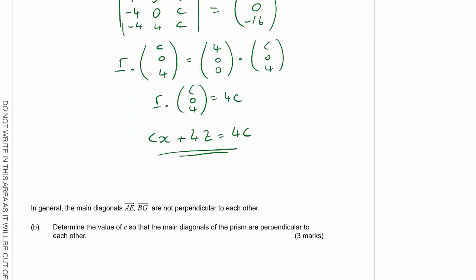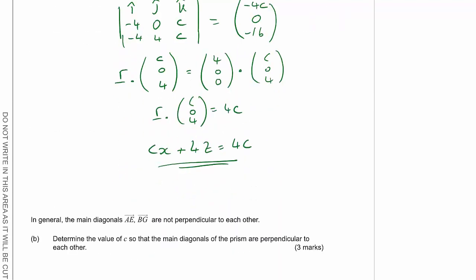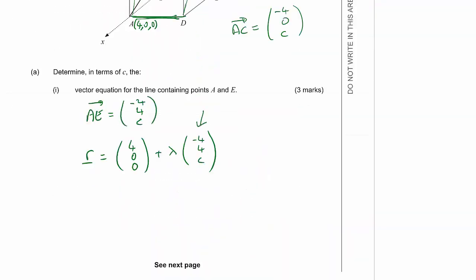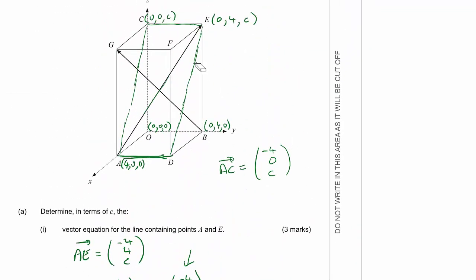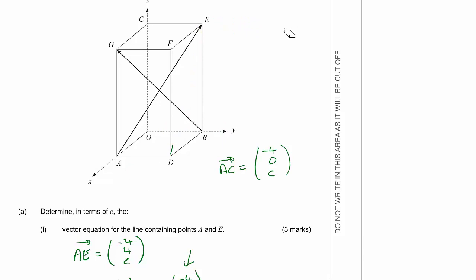In general, the main diagonals AE and BG are not perpendicular to each other. Determine the value of c so the main diagonals of the prism are perpendicular. So AE and BG. So let's just get rid of my drawing so far. AE, that one's already in, and BG, that one's already drawn in for us.